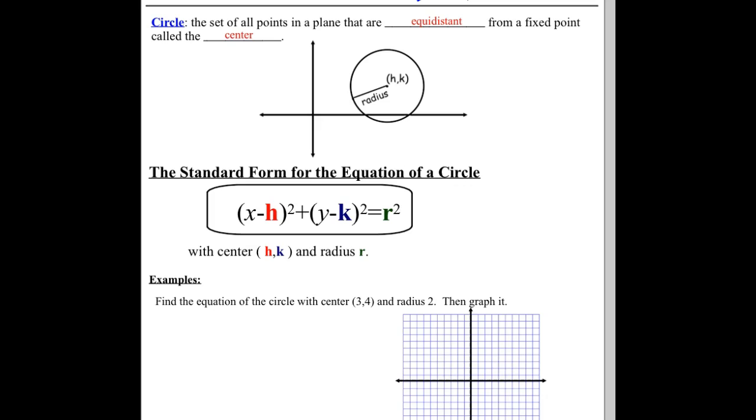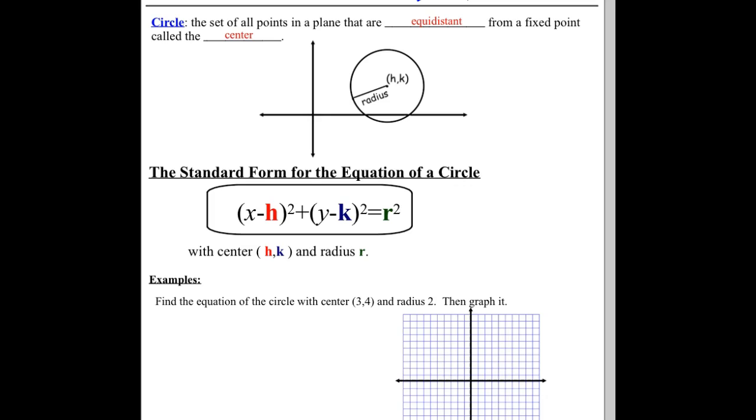The h and the k are your center point, okay, the coordinates for your center. The radius is the r in this equation, okay?